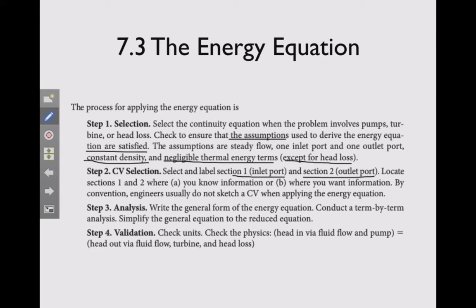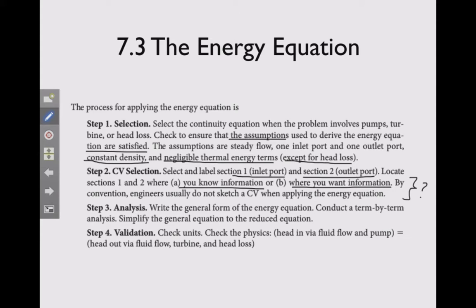And as usual, locate these sections where you know information and where you want information. By convention, engineers usually do not sketch a control volume when applying the energy equation, but I don't understand why that is. I think it's perfectly fine to do this, if it's useful to you.